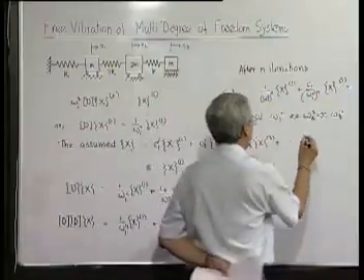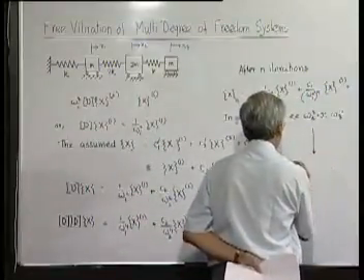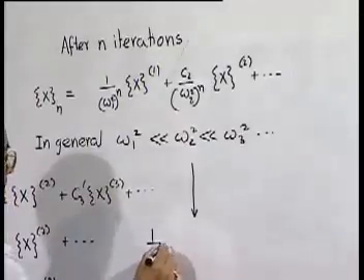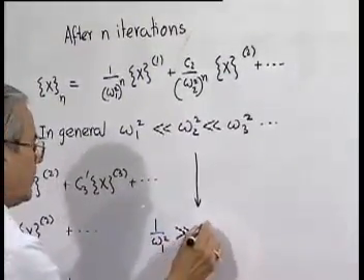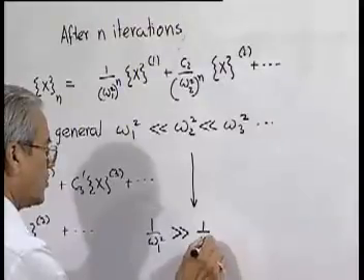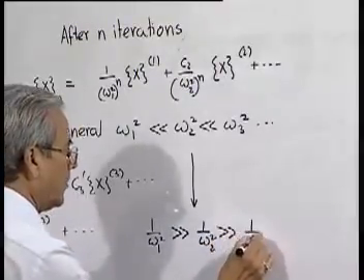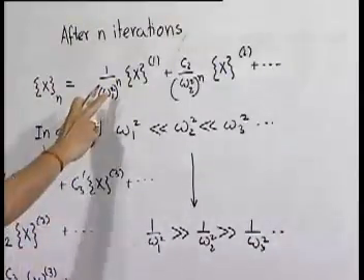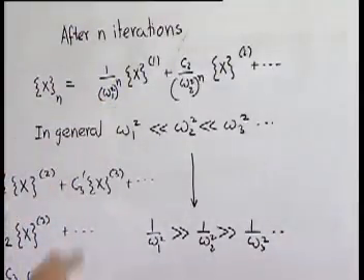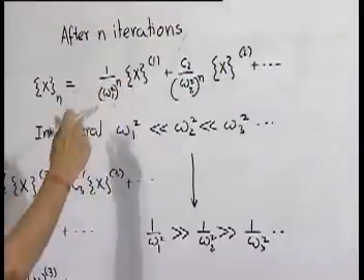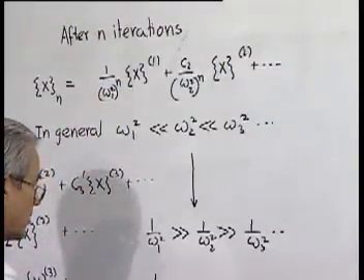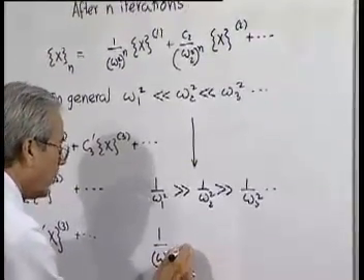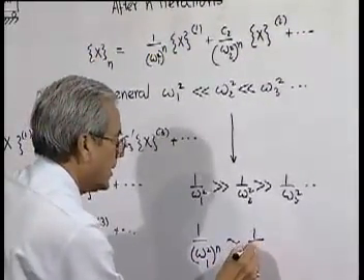So what will happen? When we raise these things to the power n, and n is sufficiently large, then you will find the result is almost approximately equal to the rest.